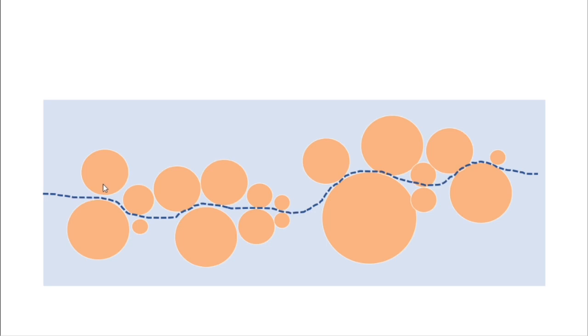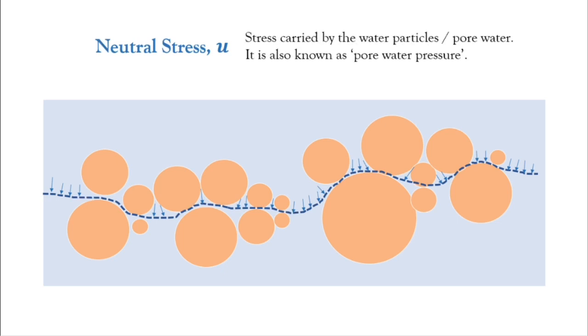So there are water particles acting on the specified section, and these forces contribute to what we call the neutral stress, which we designate as U. Neutral stress is the stress carried by the water within the void spaces, or what we call the pore water. It is also known as the pore water pressure.